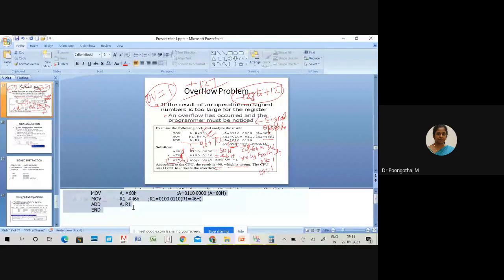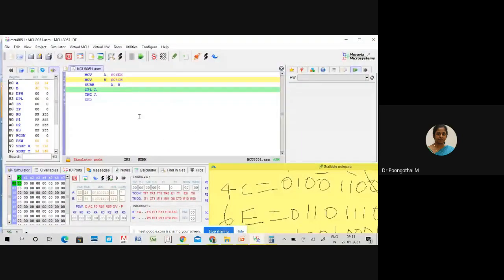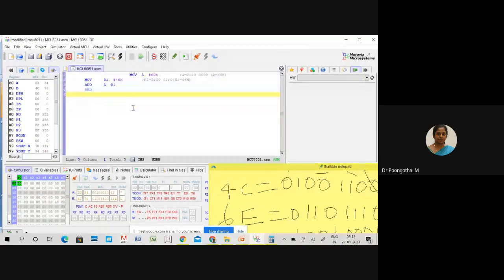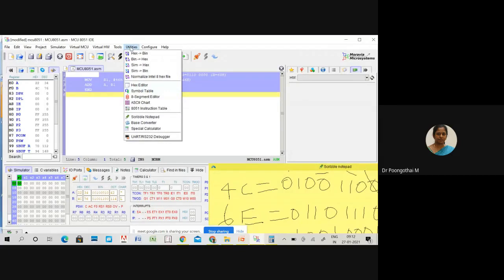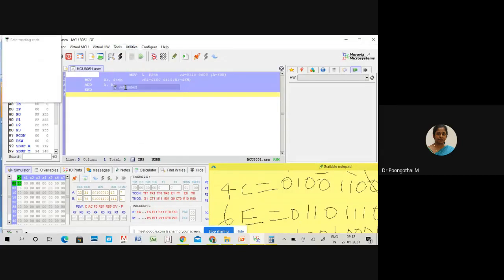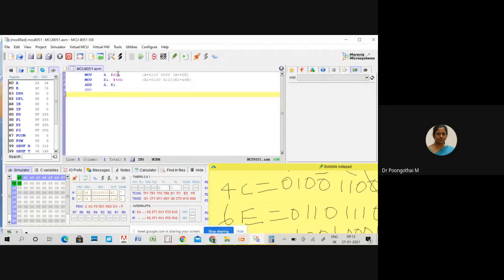So we will execute this code in the simulator. So 60, 46, I am adding accumulator content with R1, okay.